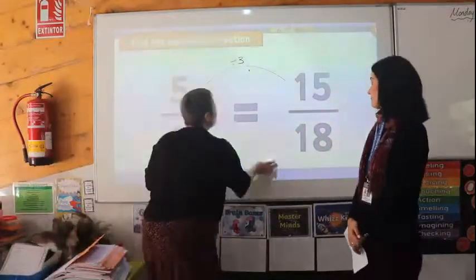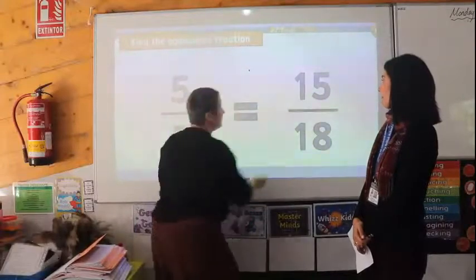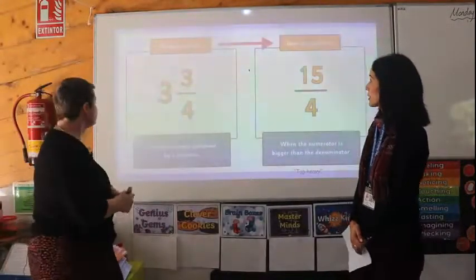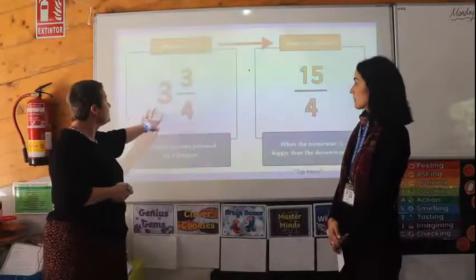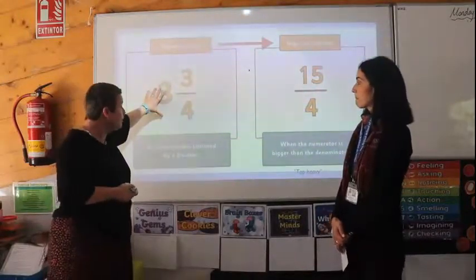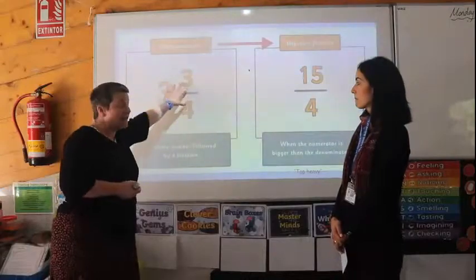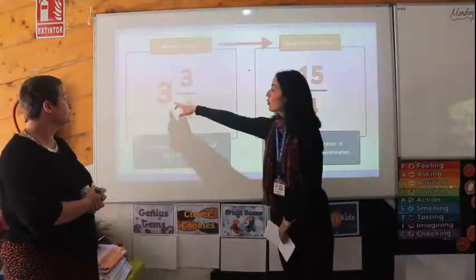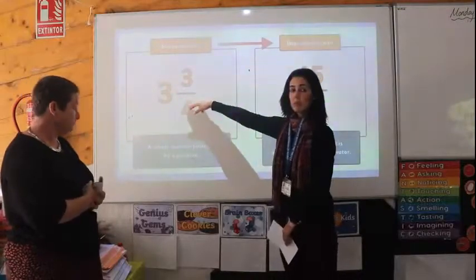From here, we go on to mixed numbers. Ahora vamos a ver los mixed numbers. So our mixed numbers, as we were saying before, is one whole number and a fraction. A mixed number es un número completo y una fracción.